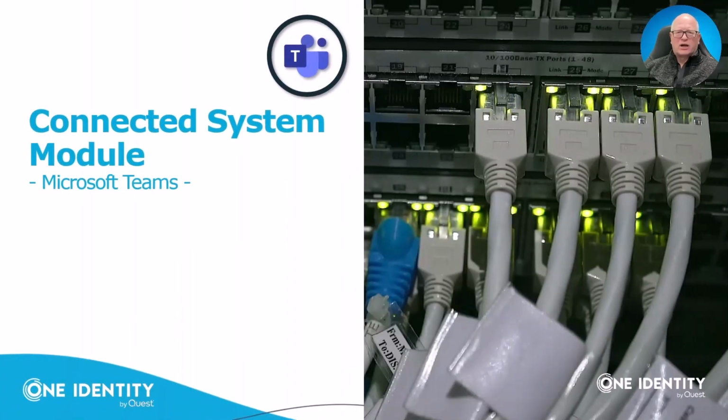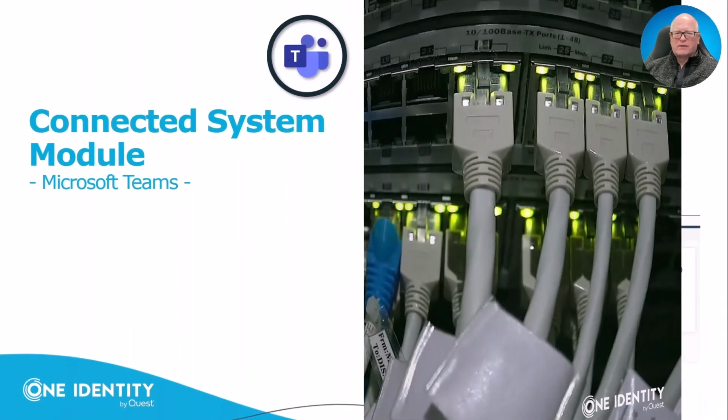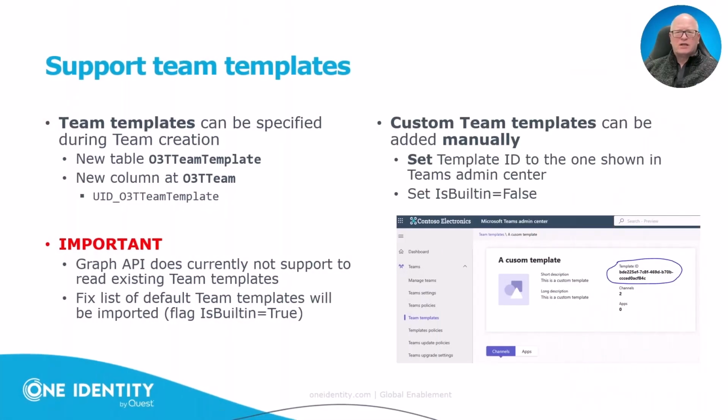And now let's talk about the connected system modules for Microsoft Teams. If we look into Teams, the first thing we can see is that Teams templates are now supported. This is a little bit more to talk about, especially because you can't read out Microsoft Teams templates from Microsoft Teams.